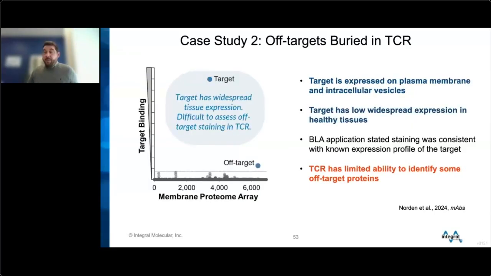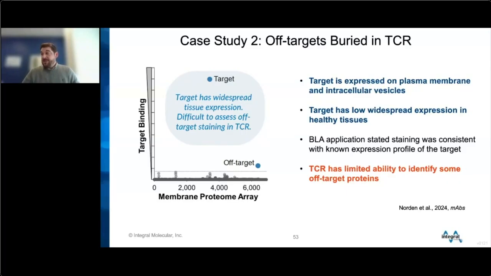The second example is where off-targets are essentially buried in the TCR. And what I mean by this is, in this example, the target is expressed on the plasma membrane and in intracellular vesicles. However, it has low but very broad expression in essentially almost all human tissues.